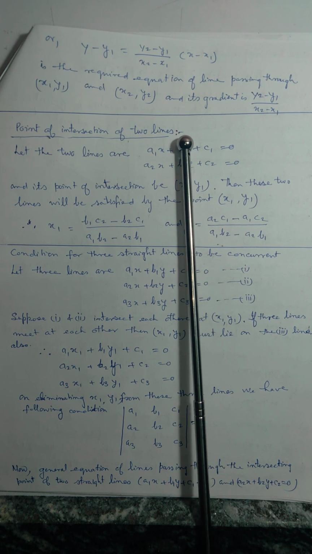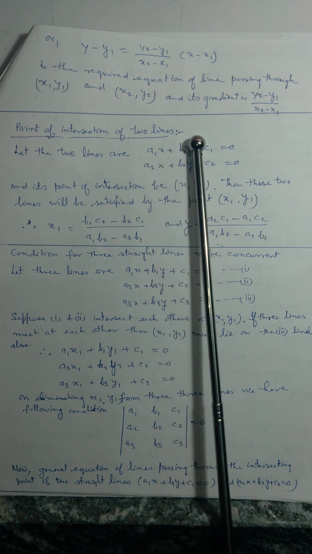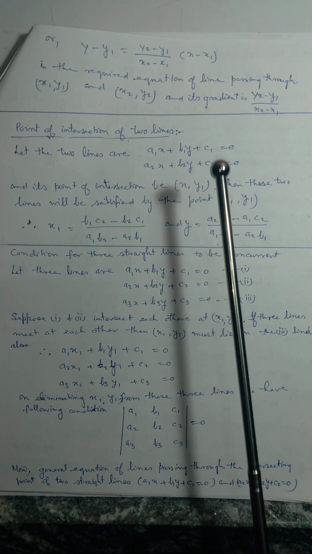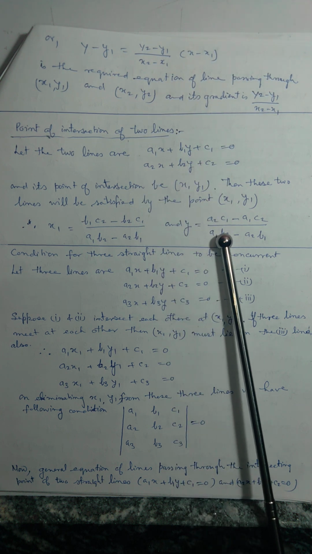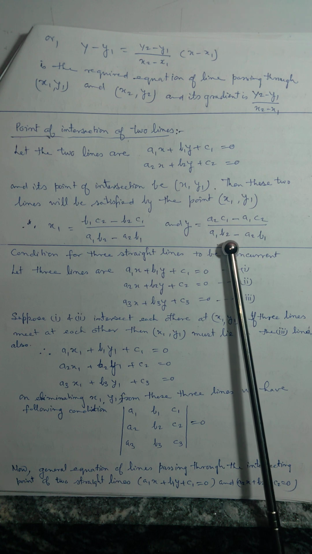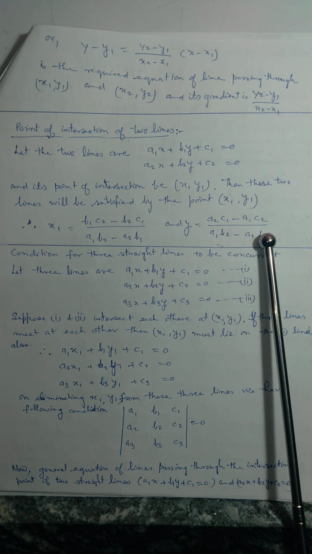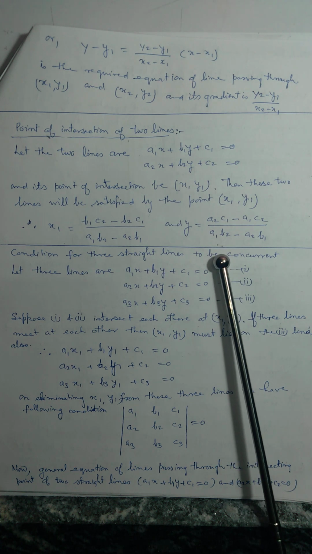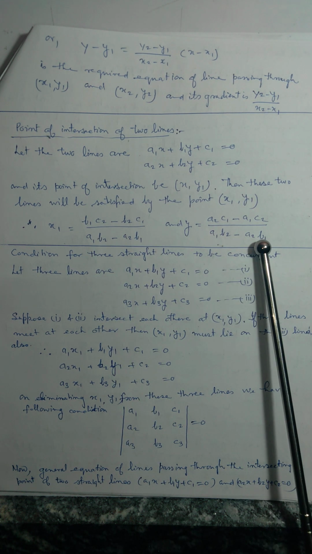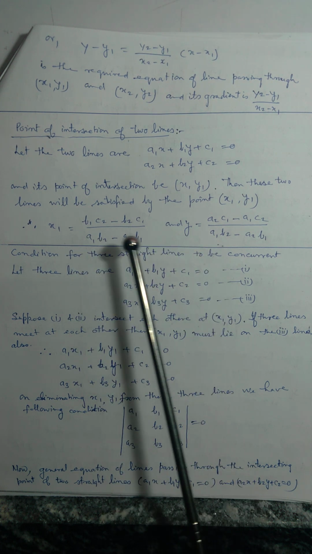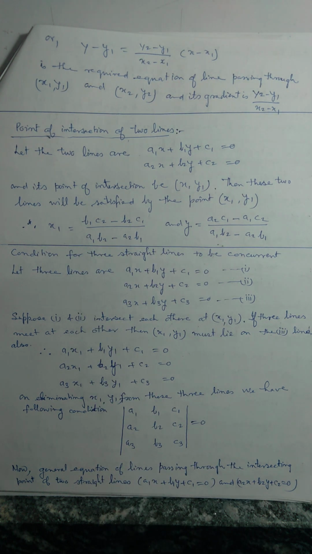Now we are left with x and the constant. So left to up, a2 into c1, minus LD, left to down, a1 into c2, whole divided by the denominator. The denominator for x1 and y1 will be the same.